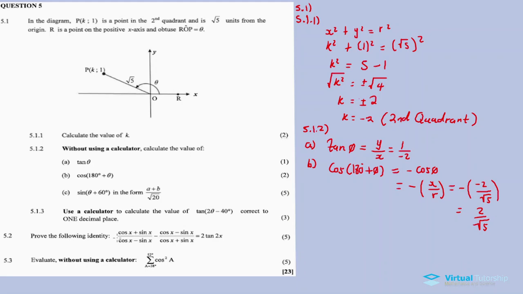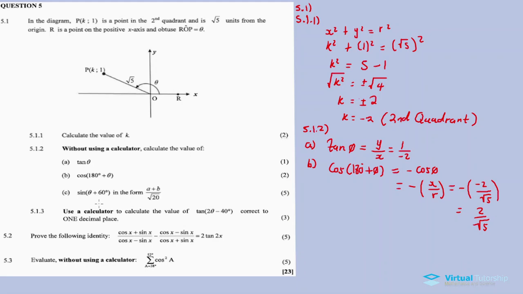Now for C, we want sine of theta plus 60 degrees in the form a plus b over square root 20. A can be any value, so in this fraction a has a value and b has a value.